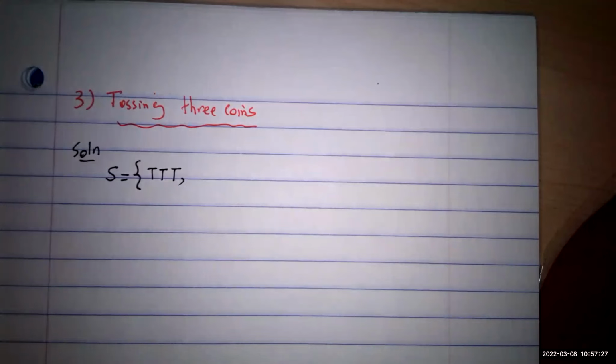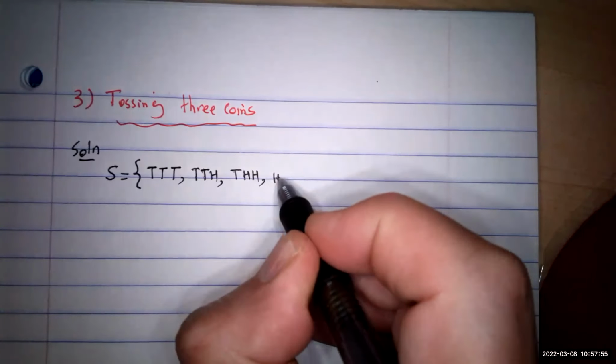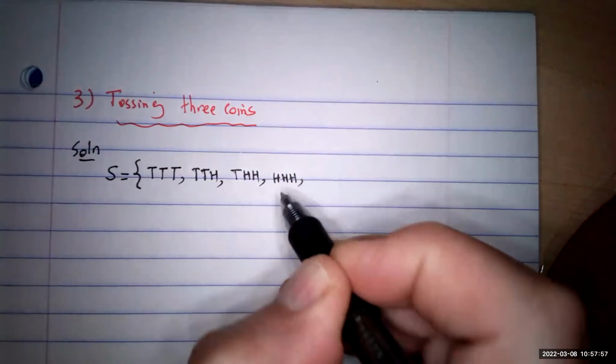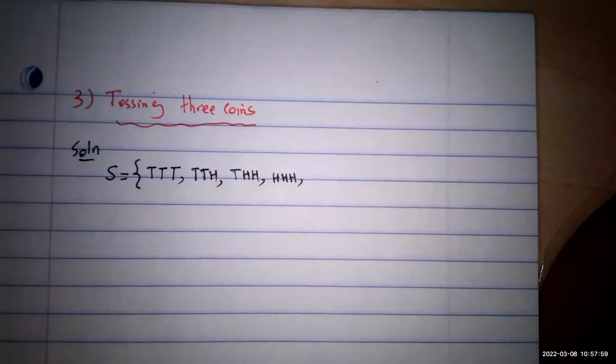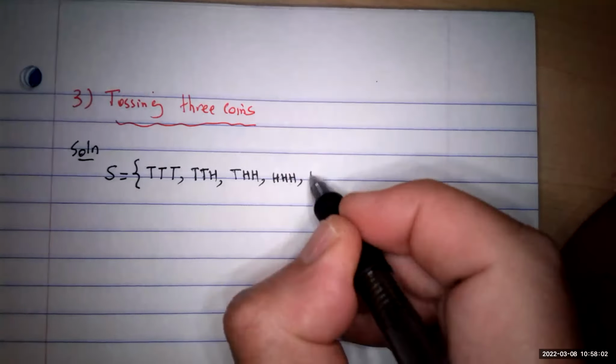You could get tails, tails, heads. And you could get tail, heads, heads. And then you could get 3 heads, heads, heads, heads. And then heads, heads, tails.